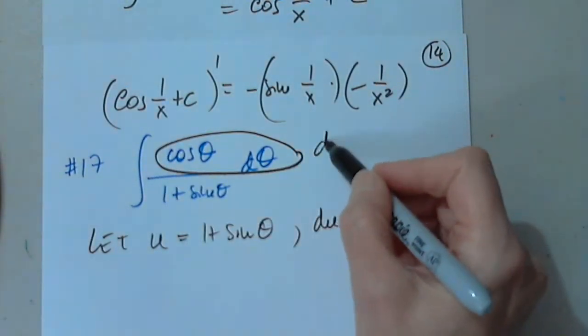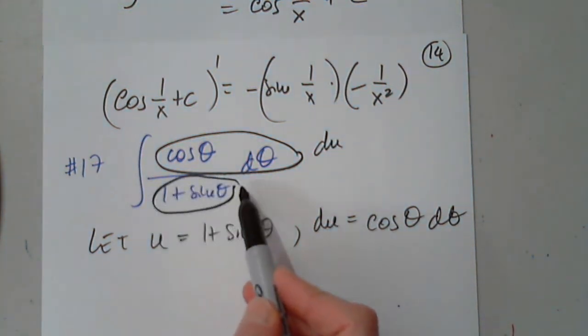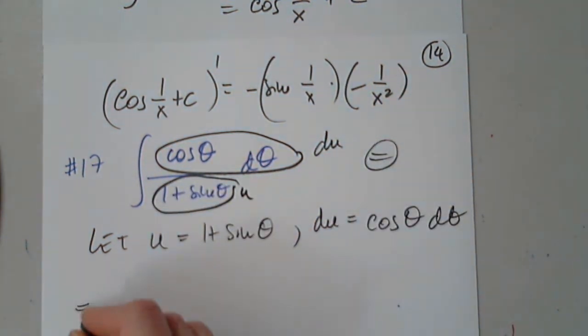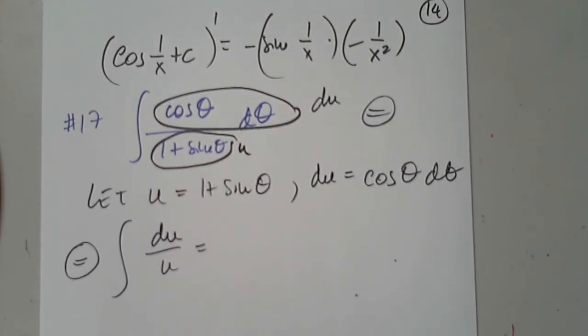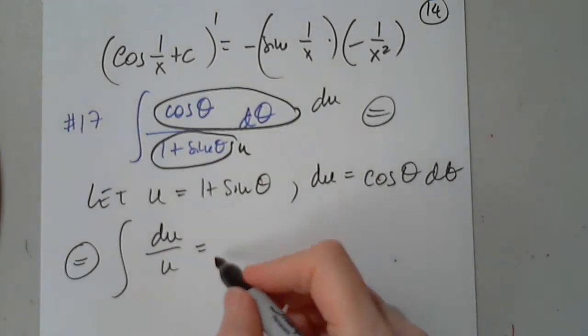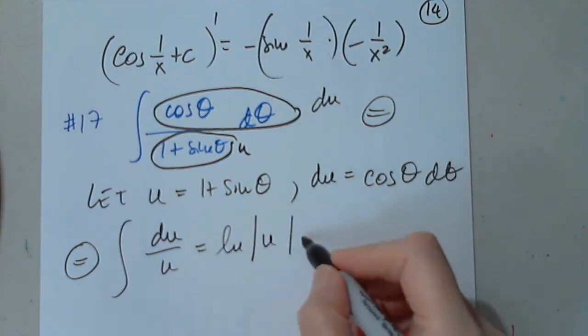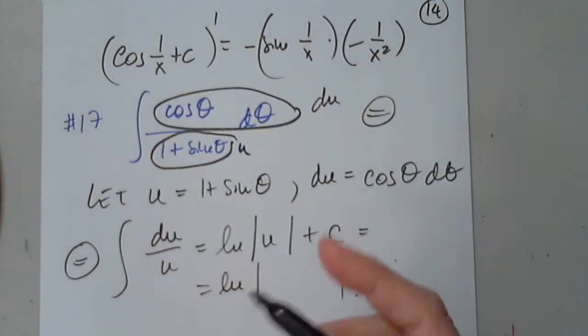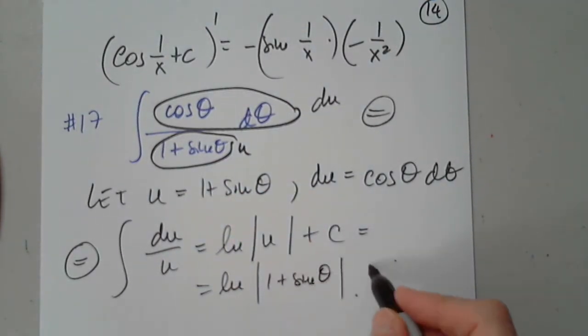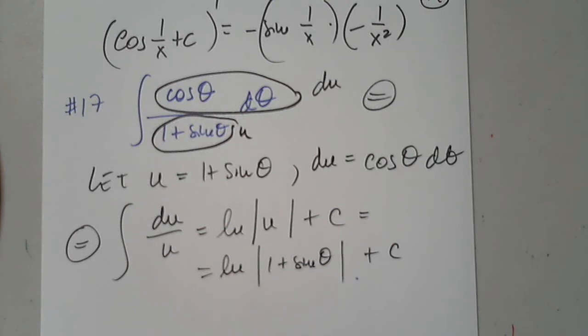It couldn't be easier. Which function has derivative 1 over u? Natural log. Excellent. But don't forget the absolute value, plus a constant c. So then all I have to do is go back and write natural log of the absolute value of 1 plus sine theta plus a constant c. Awesome.